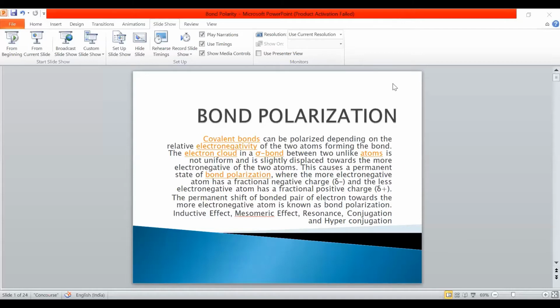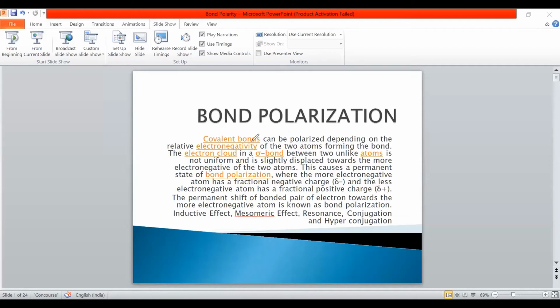So when we are seeing bond polarization, we came to know that bond polarization depends upon the relative electronegativity of two atoms. So here, for the mesomeric effect and the inductive effect, the shift of electrons and the polarity depend upon electronegativity difference.